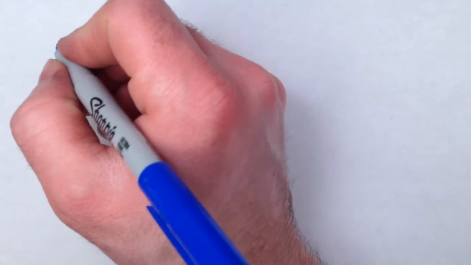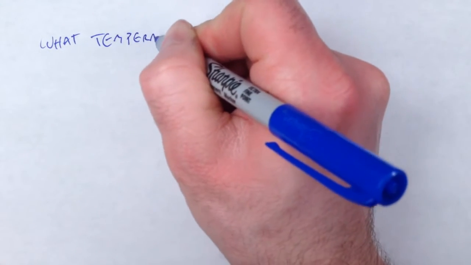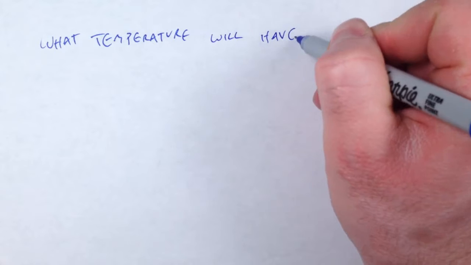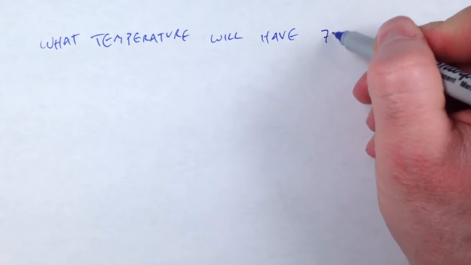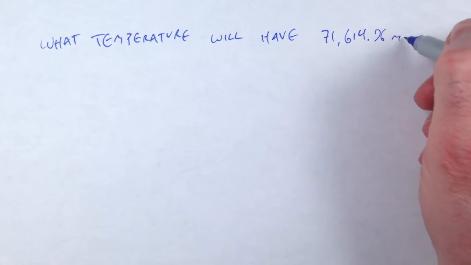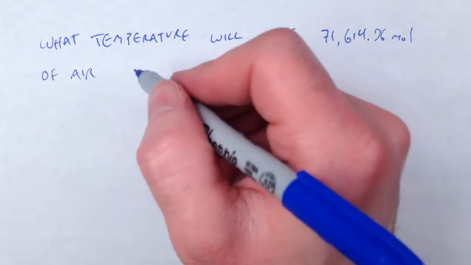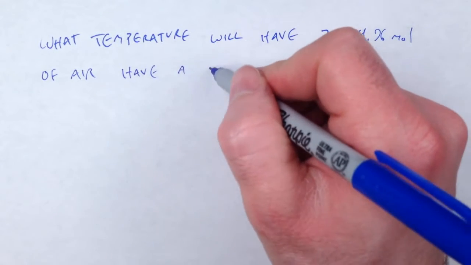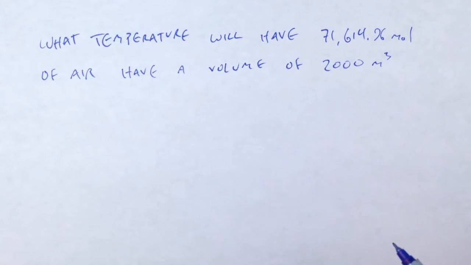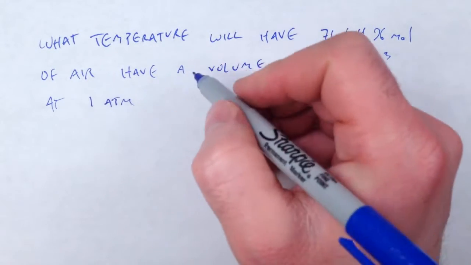So the question is, what temperature will have 71,614.96 moles of air have a volume of 2,000 cubic meters at 1 atmosphere of pressure?